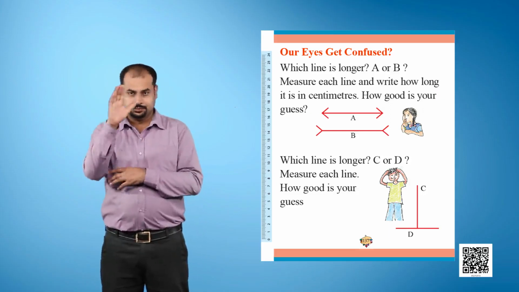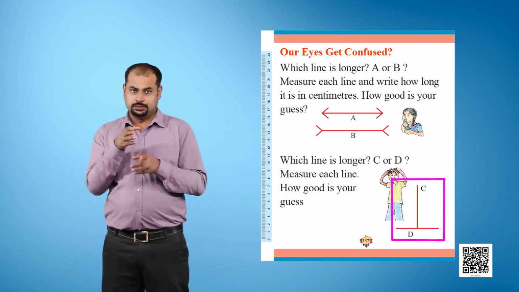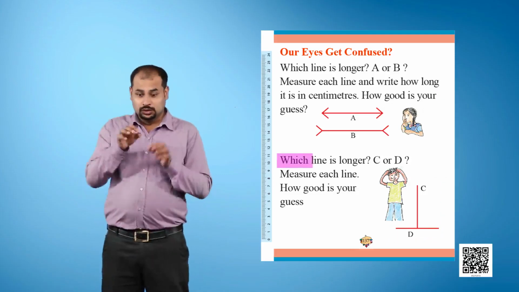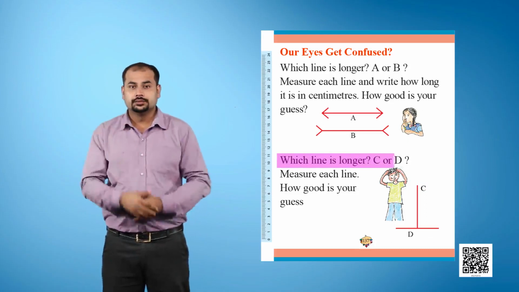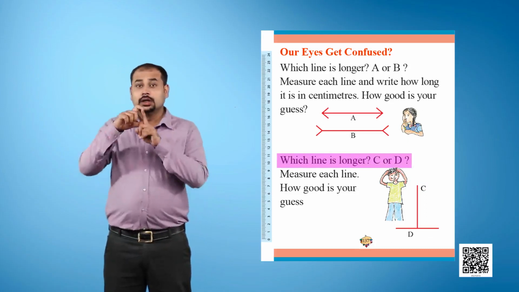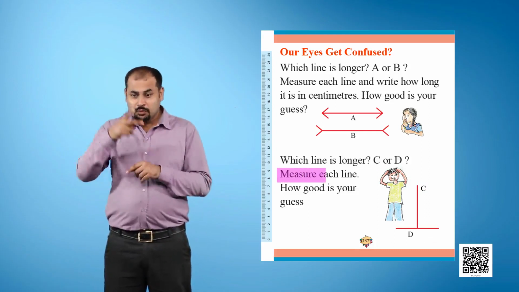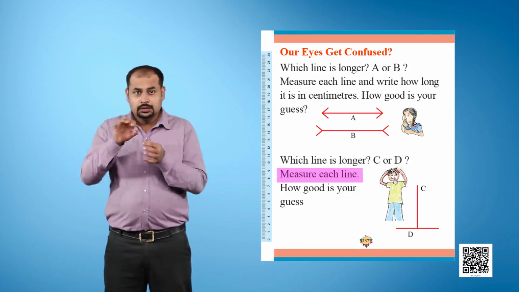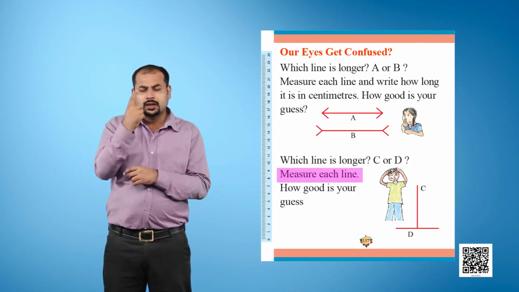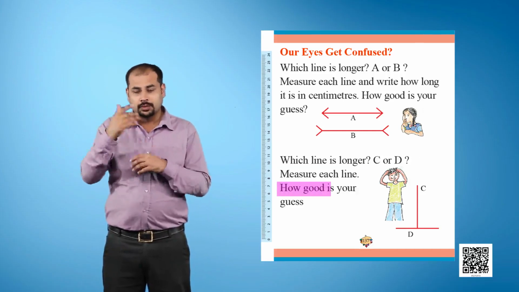Perpendicular to each other. They are marked as C and D. Which line is longer, C or D? Measure each line. How good is your guess?